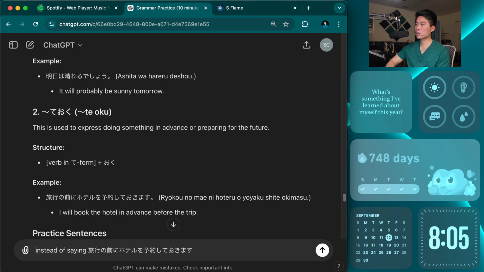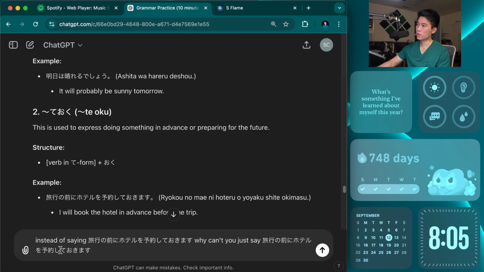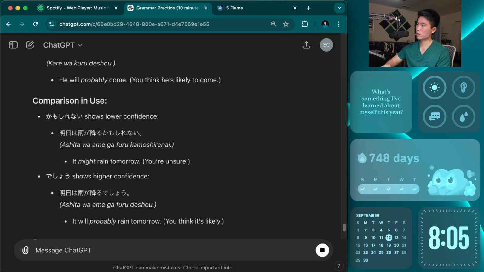Saying, why can't you just say 旅行の... Oh no. I'm not typing it correctly. Let's just do this a bit smarter. Okay.